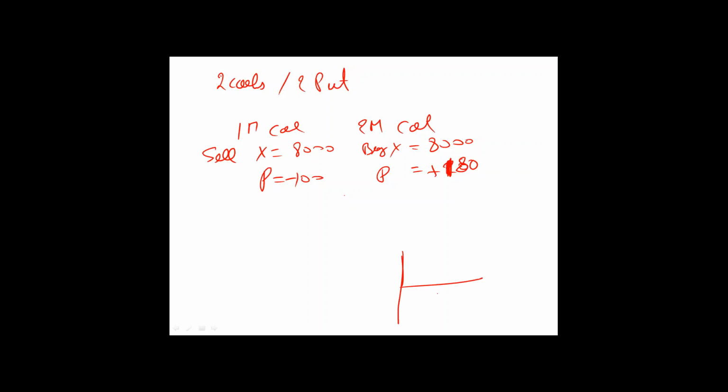Like in a butterfly, the profits are symmetrical, it will give you this much profit only. Here the losses are also not like a butterfly. Losses could go like this, so on one side you have more loss, on another side you have less loss.